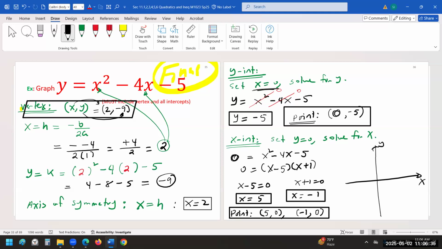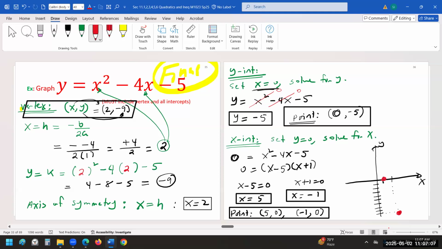So when you graph, we just plot all the information we found on the plane. So we found vertex is 2, negative 9. So 1, 2, 3, 4, 5, 6, 7, 8, 9. 2, negative 9 is here. And then we have x-intercepts 5 and negative 1.